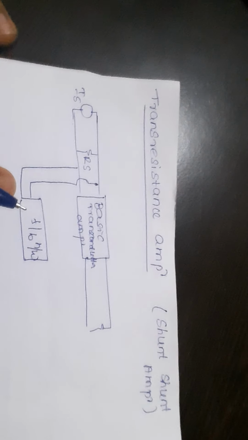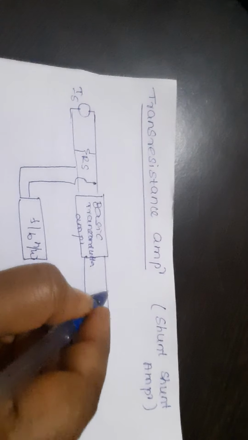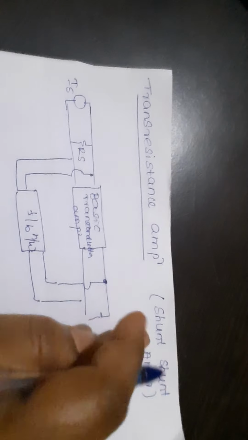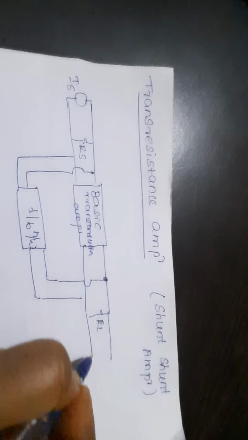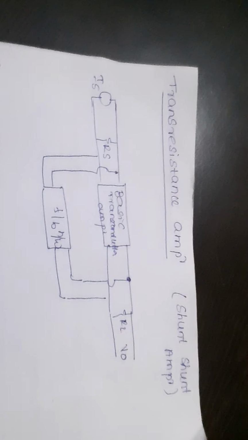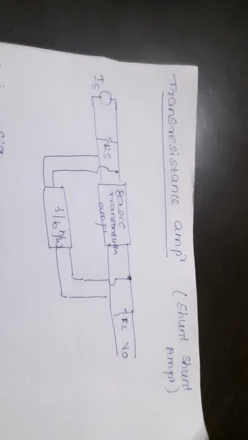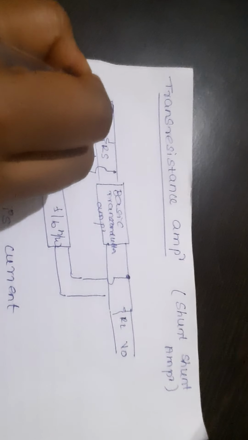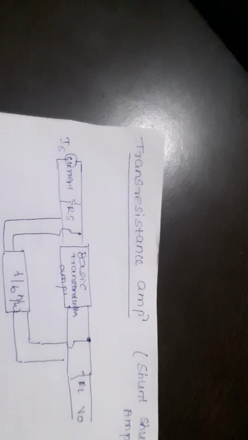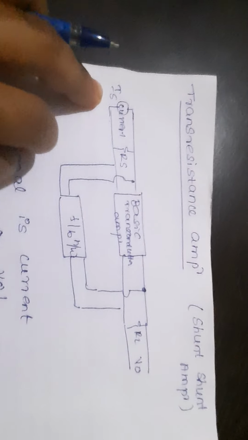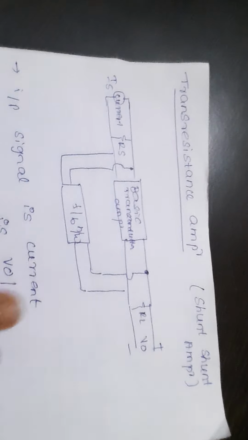This is a parallel connection at the input, and similarly a parallel connection at the output. So it is called a shunt amplifier, and the output voltage is measured across RL. Here the input signal is current, Is, and the output signal is voltage.